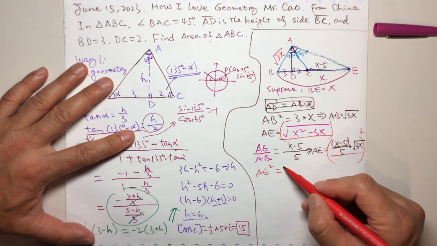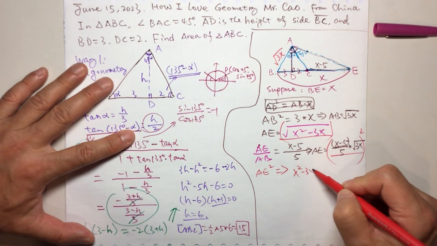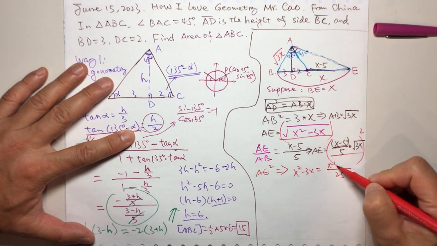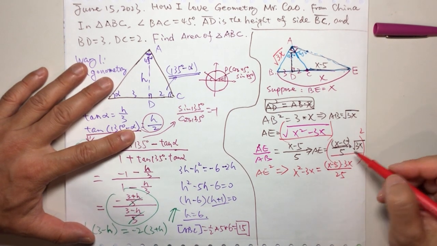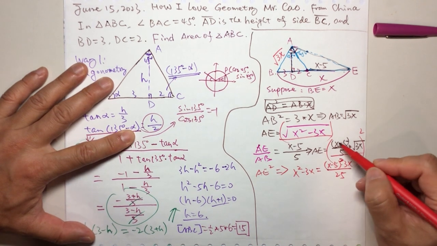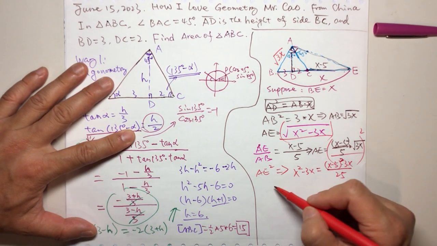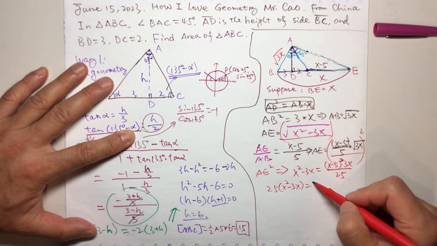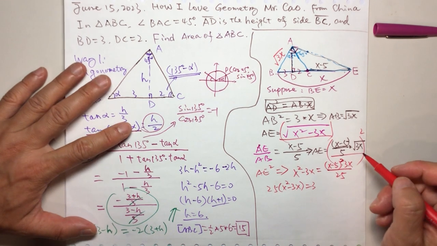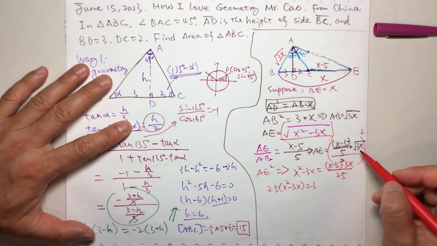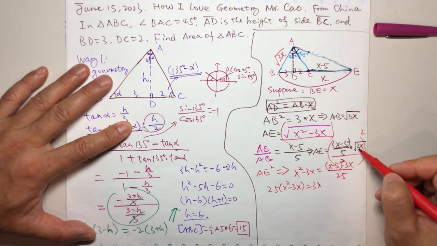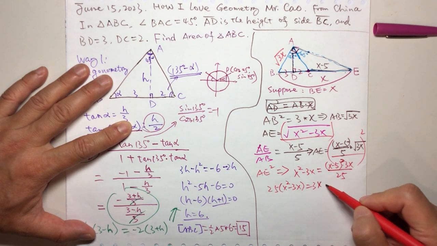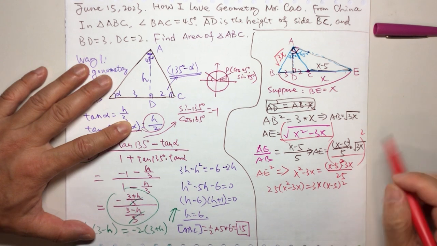So AE squared, I got x squared minus 3x equals x minus 5 squared times 3x over 25, right?